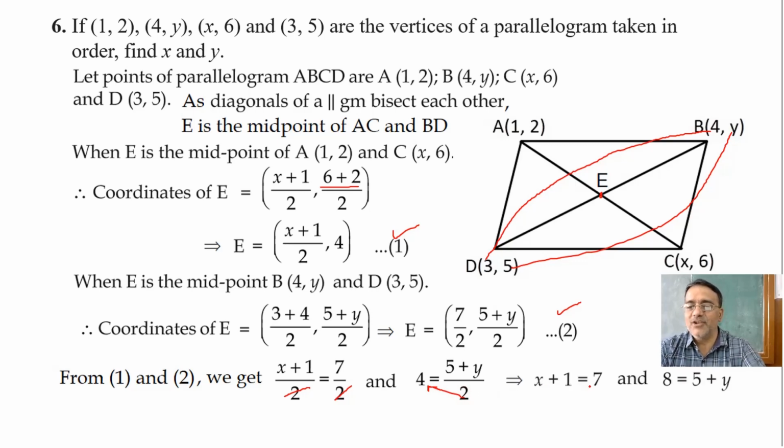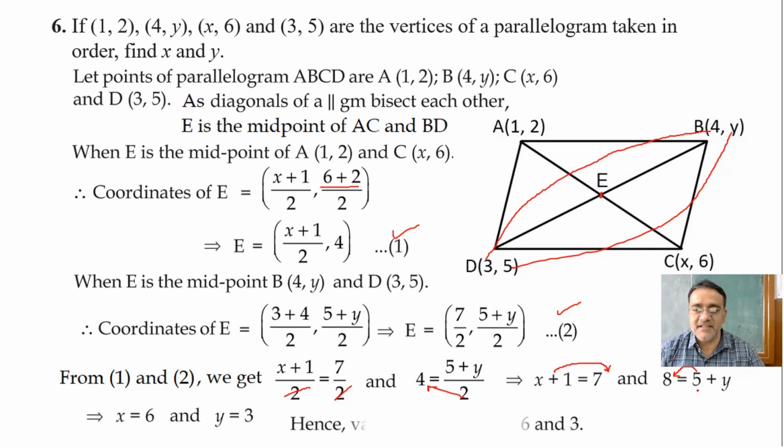So what is the value of x and y? x is equal to 7 and y is equal to 3. No, not 7, 6 आएगा. x is equal to 6 and y is equal to 8 minus 5, that is 3. Hence the values of x and y are 6 and 3. Any doubt in this question?